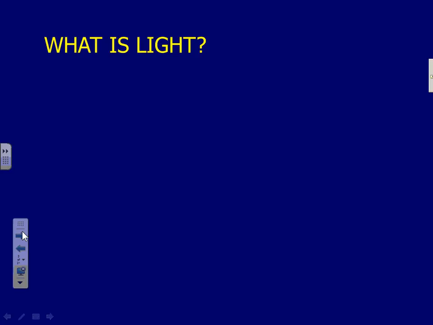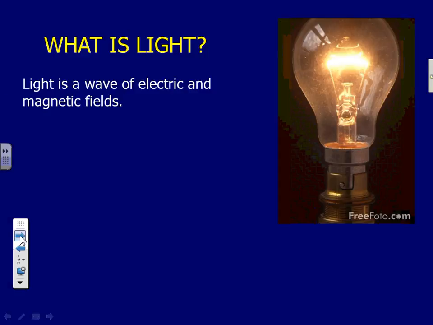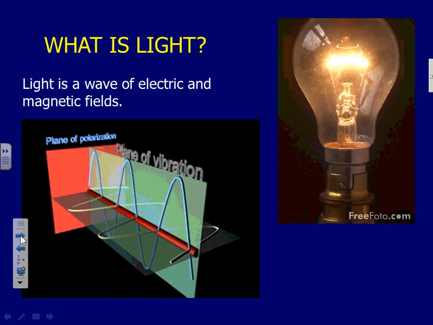No, not necessarily. So I'm going to get you to write this down. Just write down that it is a wave of electric and magnetic fields. That is a secondary nervous response to the brightness of the light.